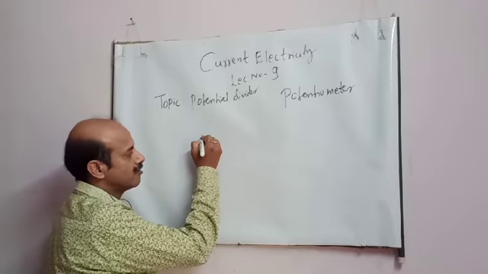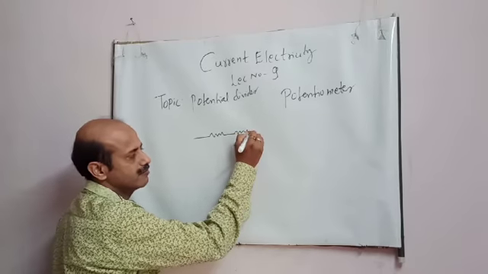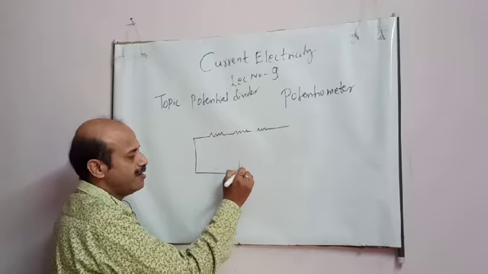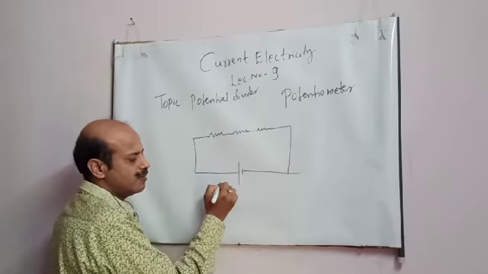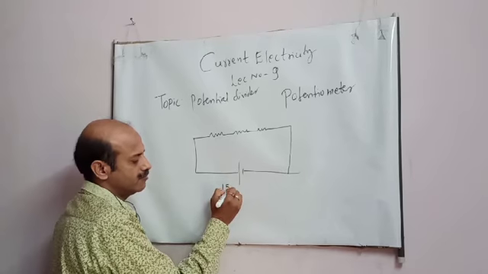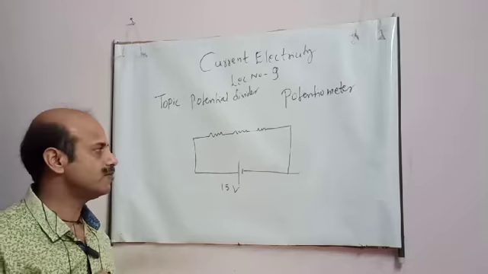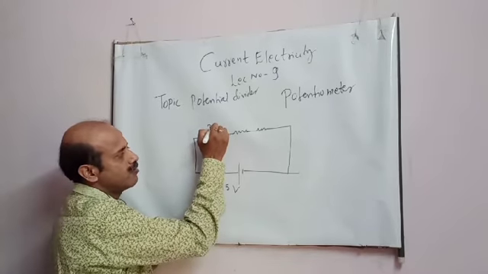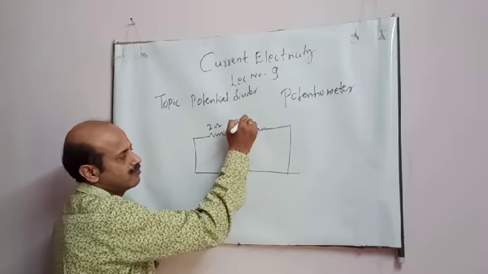Suppose, student, we have a combination of resistance like this. Now here, student, I am connecting a battery. Suppose this has resistor 2 ohm, this is 3 ohm.